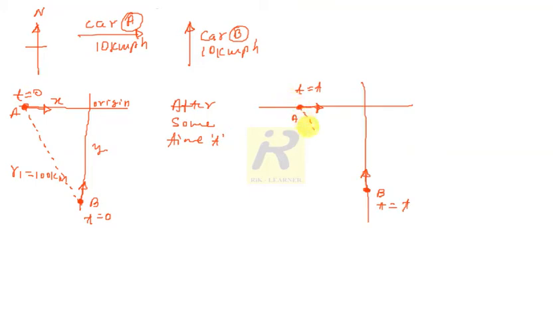The new distance between the two cars is this one, right? So I call it R2, and we don't know what it actually is. It is any arbitrary distance. You must first calculate how much this distance is. I call this some x dash, and this some y dash.